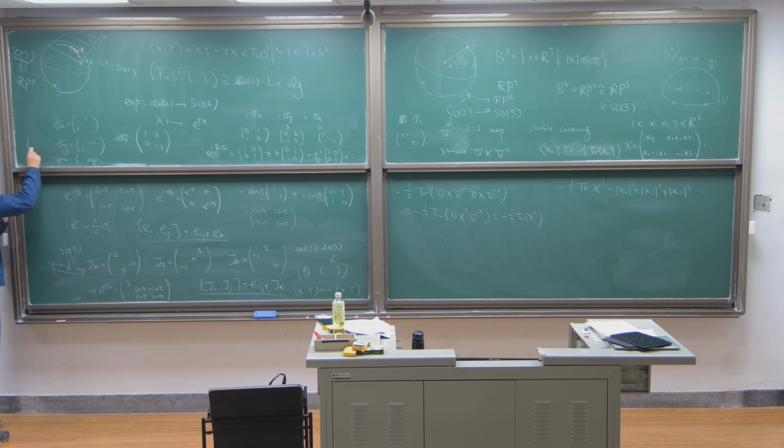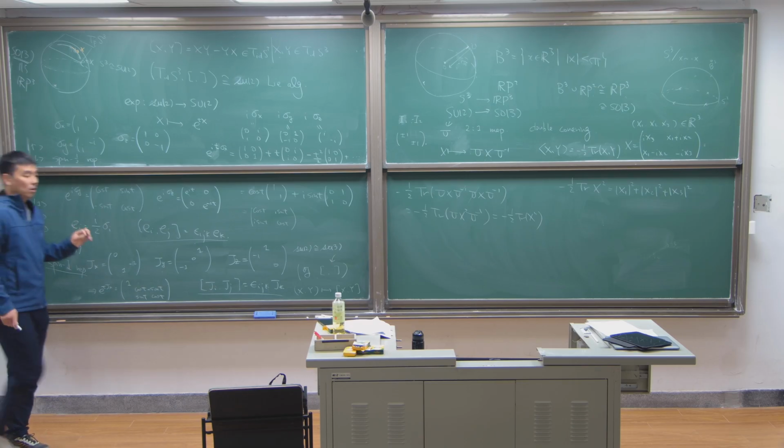In physics, it is always written as spin up or spin down. And here you have spin 1, spin 0, and spin minus 1. Those are the three-dimensional bases of the spin 1 representation of the Lie algebra, and so on.